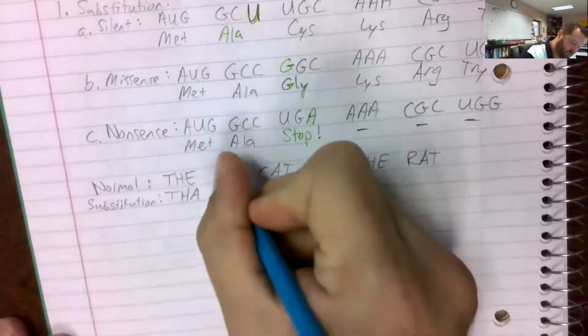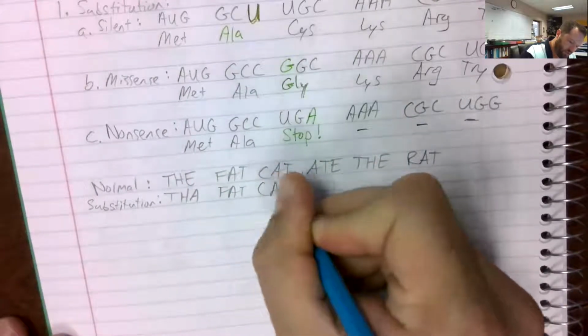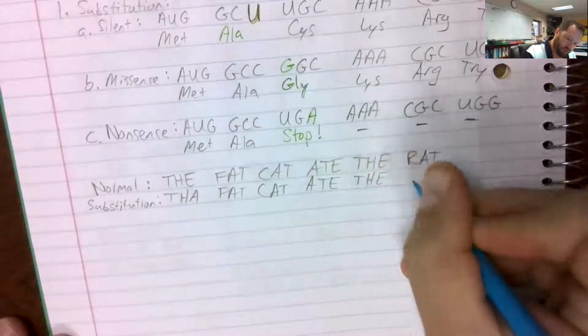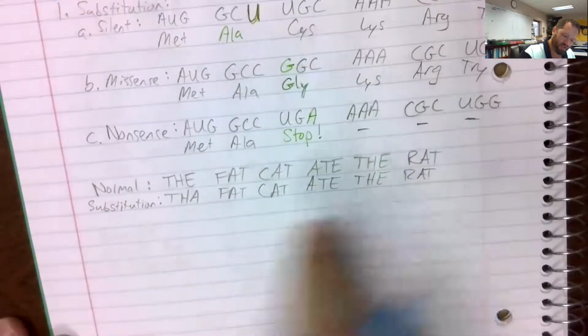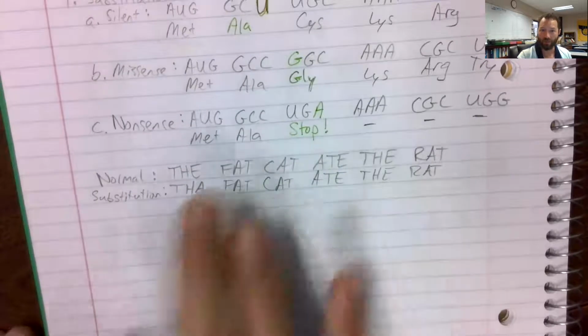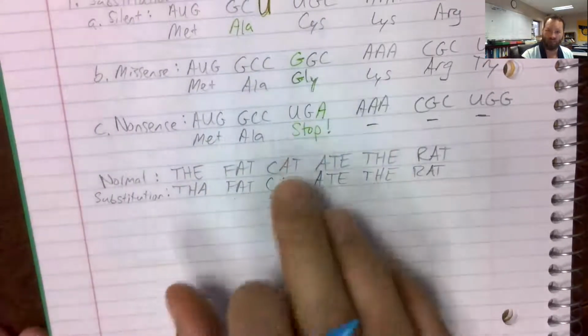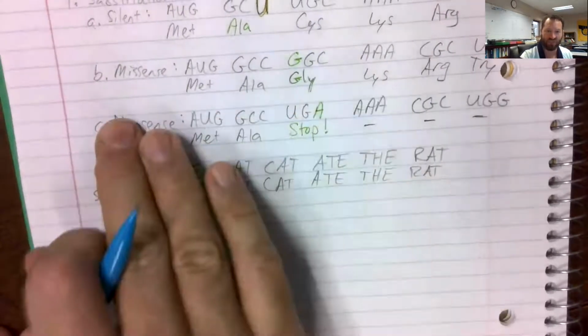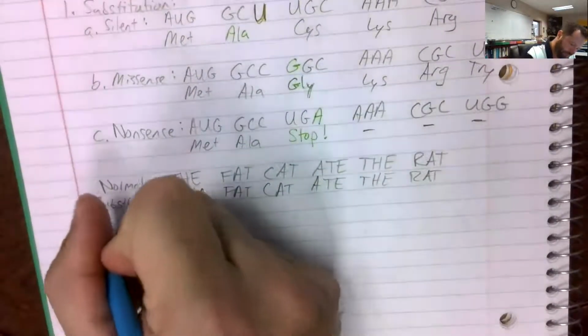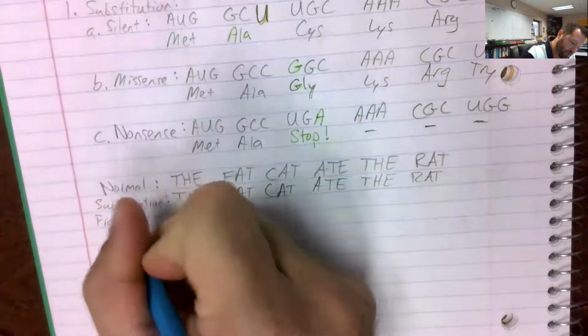And in general, you still kind of know what the sentence is saying. Is it a little out of order? Yeah. It's a little messed up, but you're still seeing what the sentence says. The fat cat ate the rat. The fat, okay, it's not perfect. But a lot of times, again, unless you get a stop codon, a nonsense mutation, you're going to be okay with a substitution.